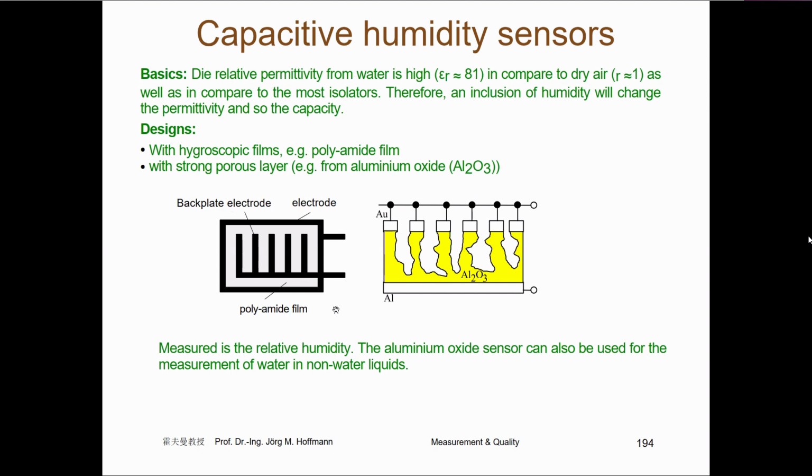And when the air is more humid, the polyamide film contains more water, and then you have the same effect as here, from dry air to water or to humid air. You have a strong change of the permittivity, and so you can measure a different capacitance.